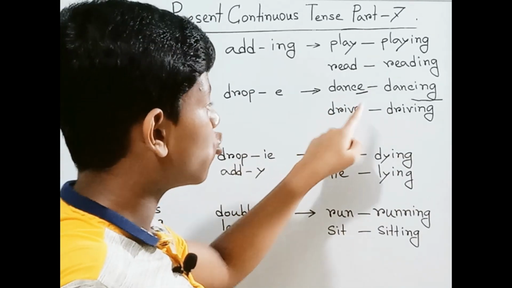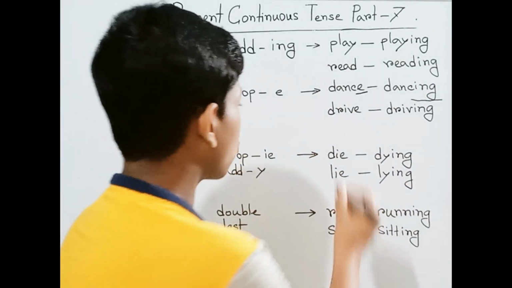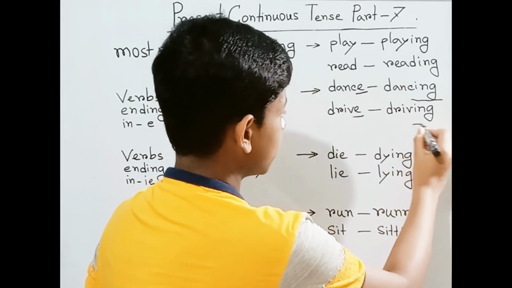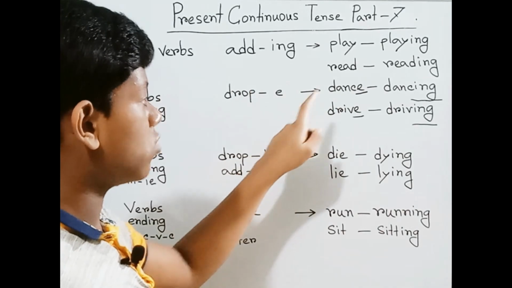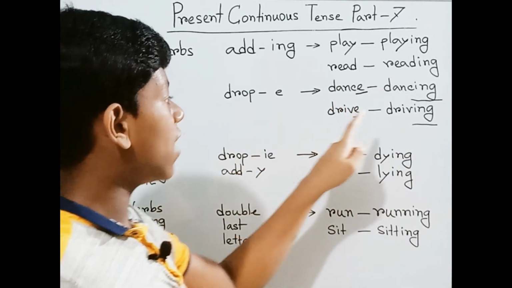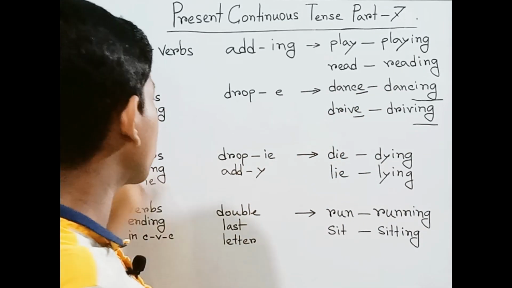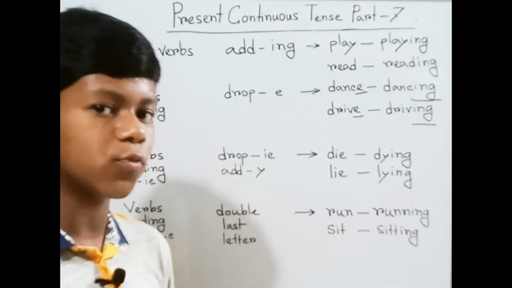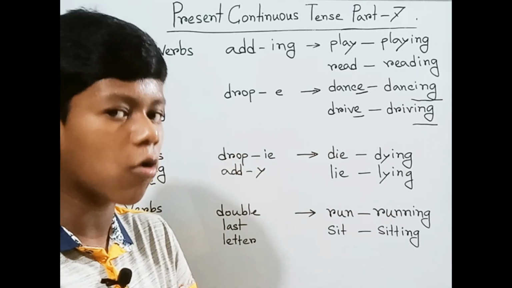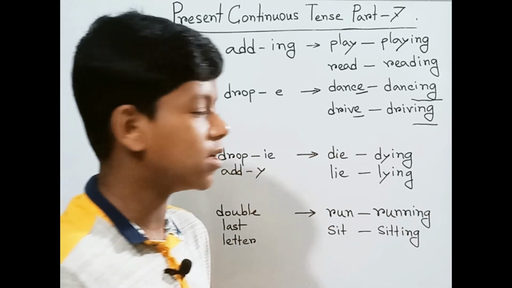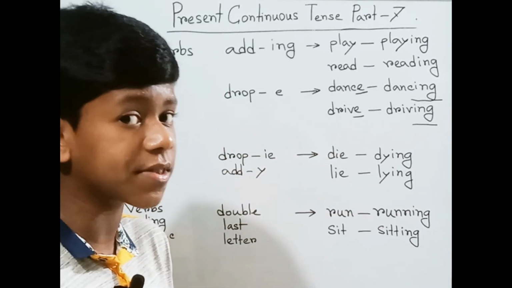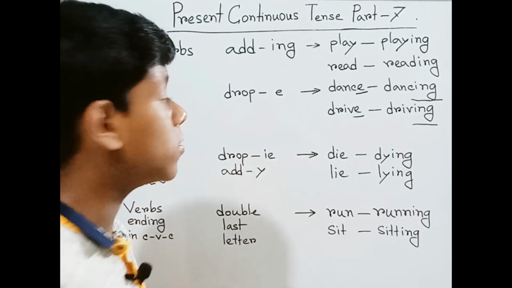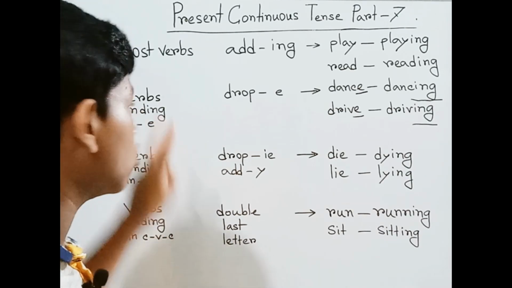Same here, drive, driving. Drop the e, then add ing. So we have already understood dance, dancing, drive, driving. These are two examples, but there are more. When you make examples of verbs by following these rules, it will be clear. So we have already learned two rules.